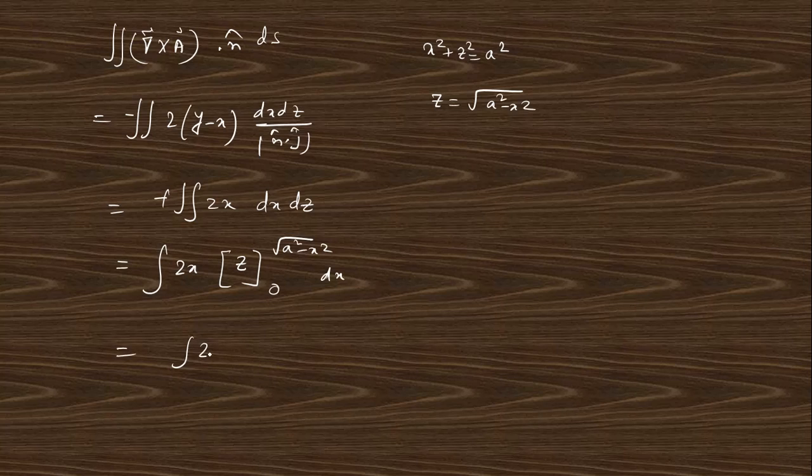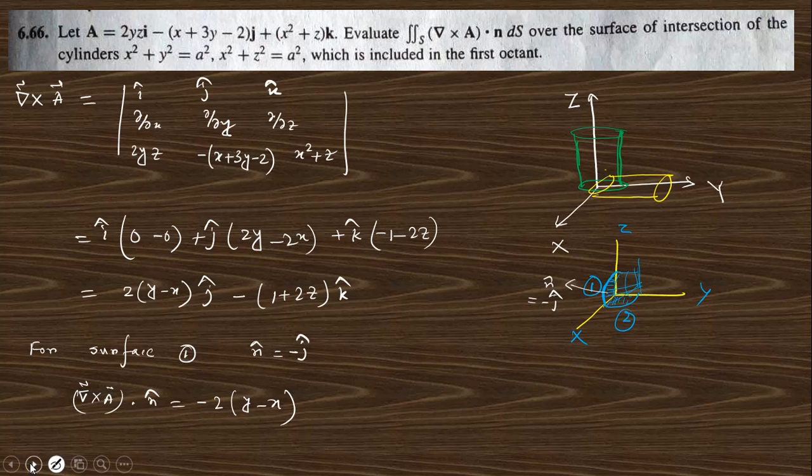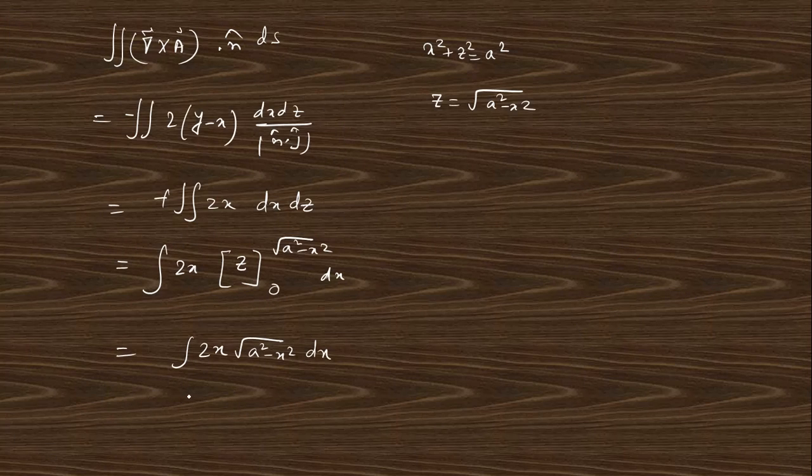So we put this value, that is 2x root under a square minus x square dx, and the limit of x will be 0 to a. If we put a square minus x square equal to t square, then minus x dx equals t dt.